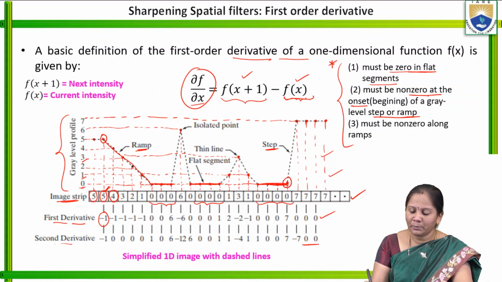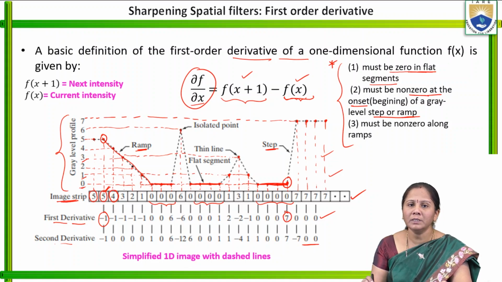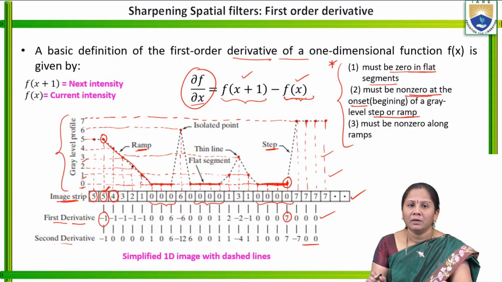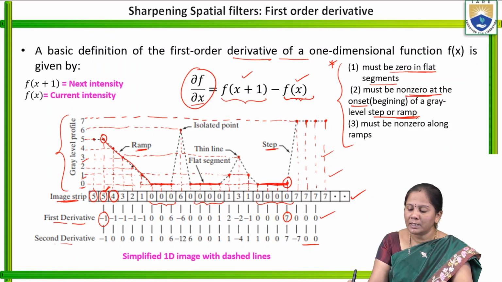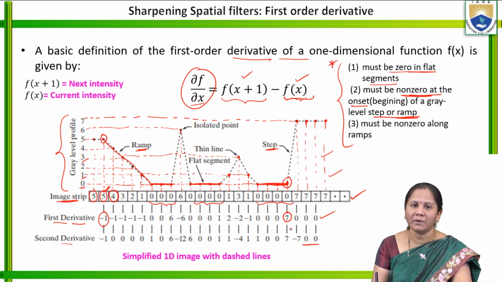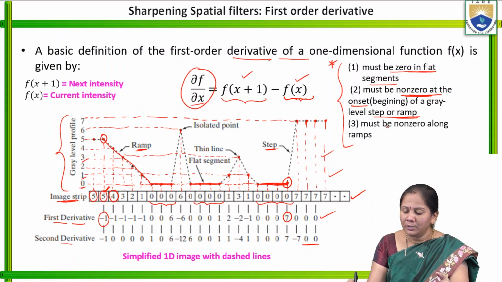For this onset point, the value we got after applying the first order derivative is 7. It means at the onset points of this step and ramp, we are going to have non-zero values. For the ramp we are getting -1, for the step we are getting 7. Both are non-zero values for the first order derivative.